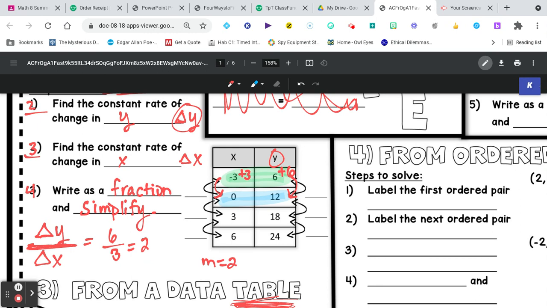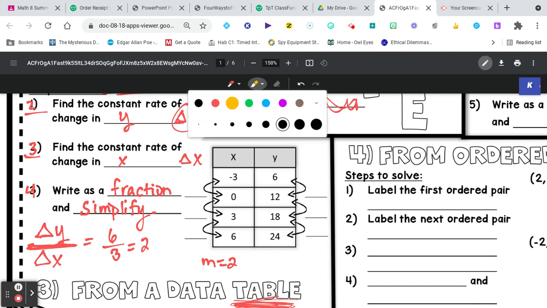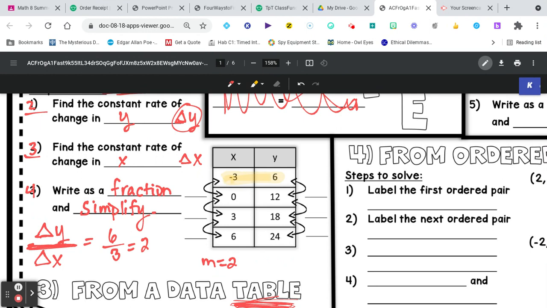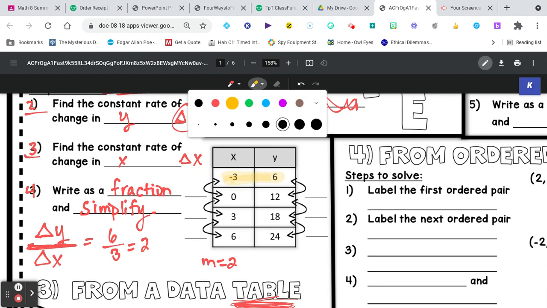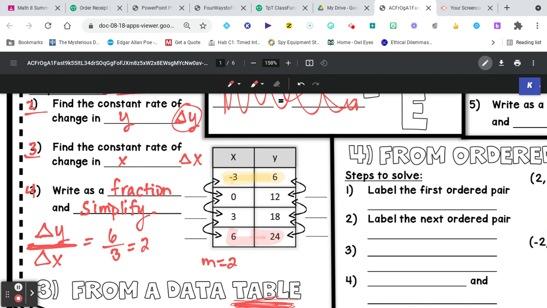Now I'm going to show you it doesn't matter what 2 points you pick. Once you find the change in y over the change in x and simplify, you're going to end up with the same slope. So just to show you, I'm going to pick 2 different points. I'm still going to pick this first one. But then suppose I pick this one.